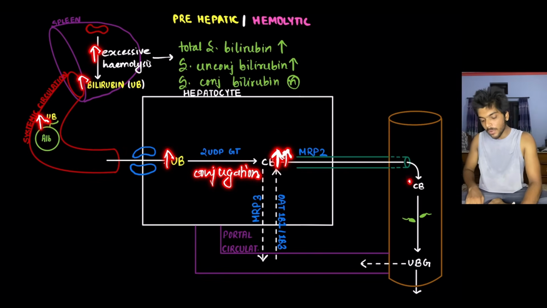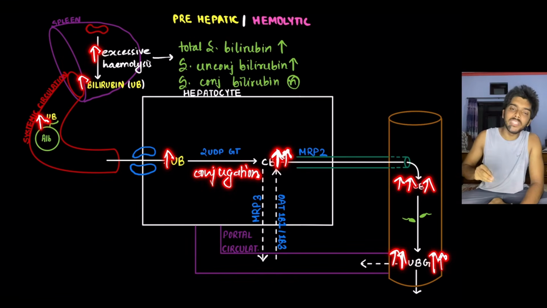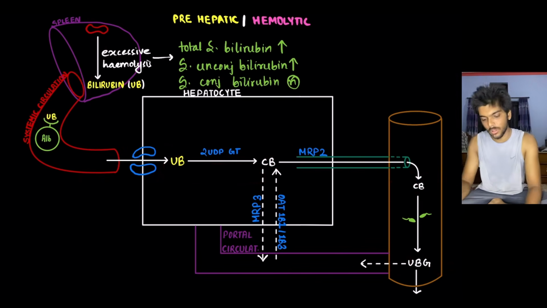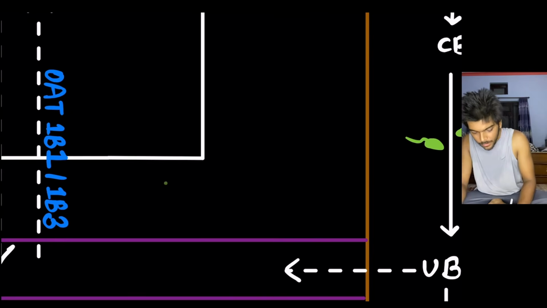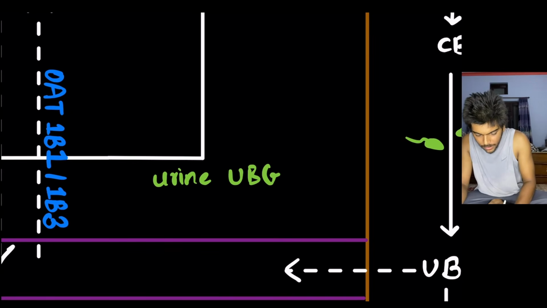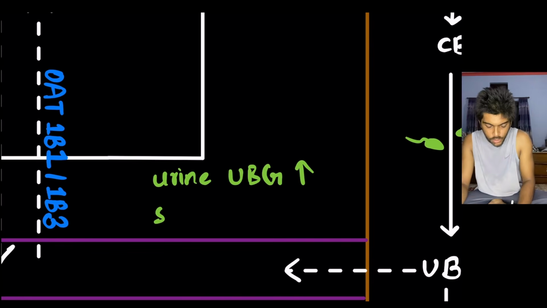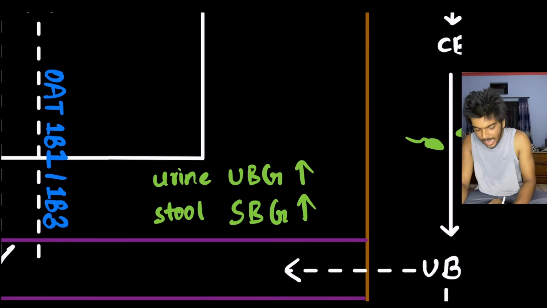Since bile flow is normal, there is a maximum amount of conjugated bilirubin in the duodenum, and so a maximum amount of urobilinogen, which has two ways to come out, either through urine or through stool. So there is a maximum amount of urobilinogen in urine and a maximum amount of stercobilinogen in stool. So that's there. Urine urobilinogen is high, stool stercobilinogen is high as well.